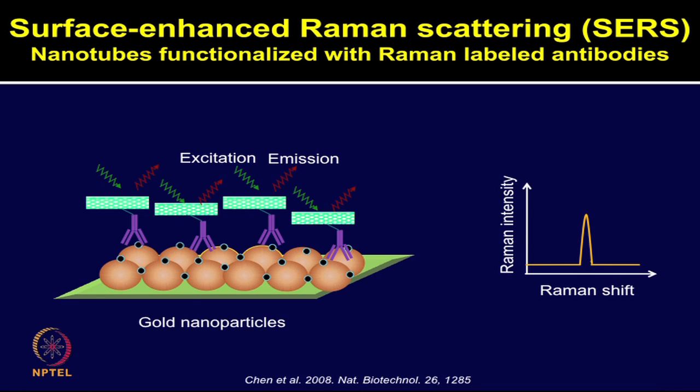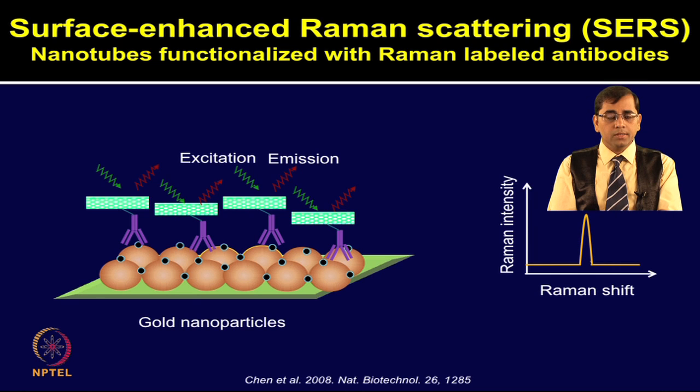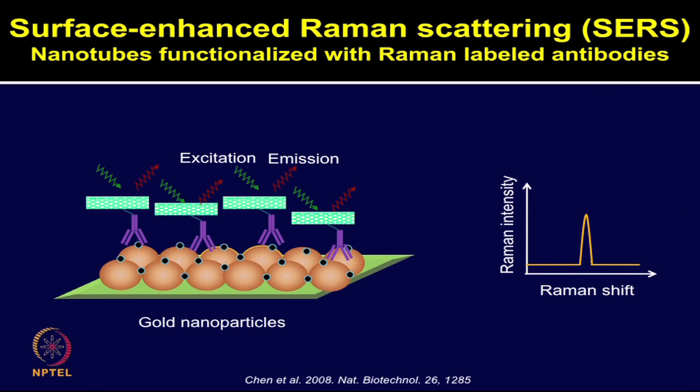The signal intensity of Raman active molecules is enhanced due to an increased local electric field at the nanoparticle surface and by electronic coupling between the adsorbed molecule and the gold nanoparticle surface. As shown in the slide, these are gold nanoparticles which are functionalized with Raman labeled antibodies, and the graph on the right shows changes in the Raman intensity due to the binding effect.